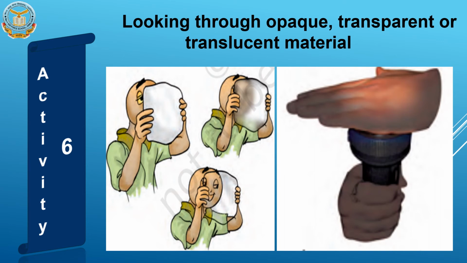Let us perform another experiment. If we cover the glass of a torch with our palm at a dark place and switch on the torch, we will observe that the other side of the palm turns red.